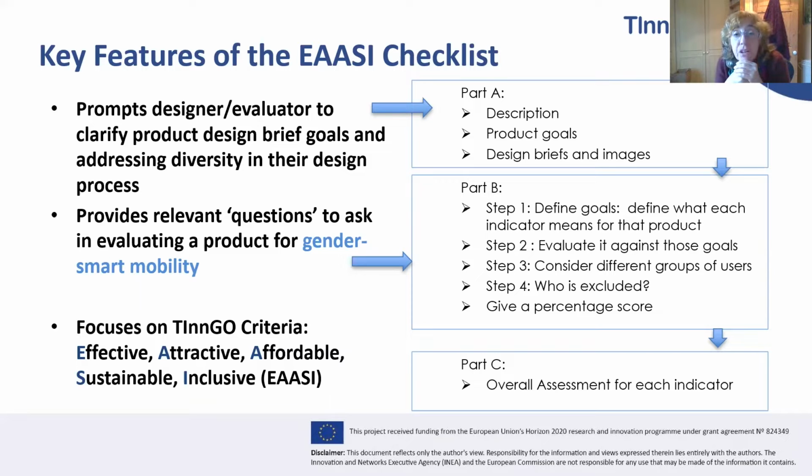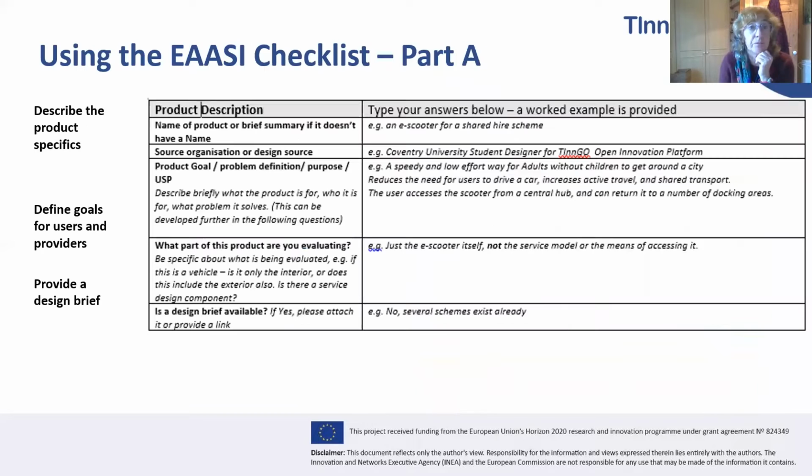In step 3, you consider the different groups of users and ask in step 4 who might be excluded from using the product. And then there's an opportunity to give a percentage score, which helps you in really comparing against other products and giving you an overall idea of how you rated it. And finally, there's an overall assessment for each indicator where we bring everything together.